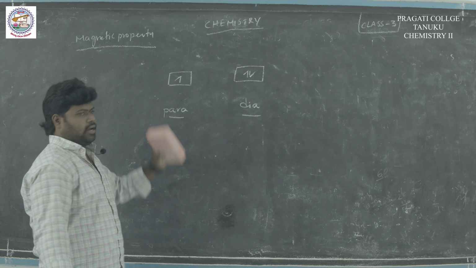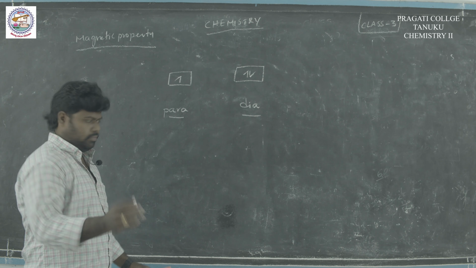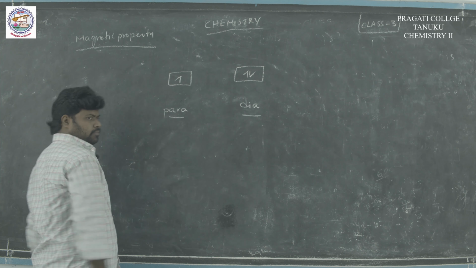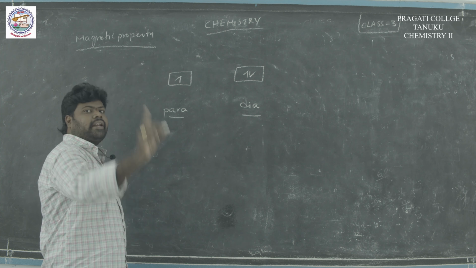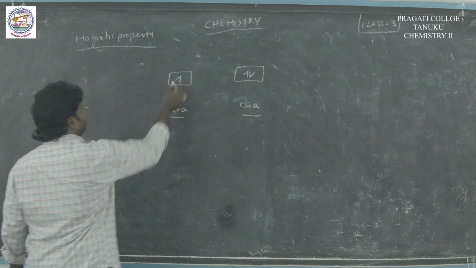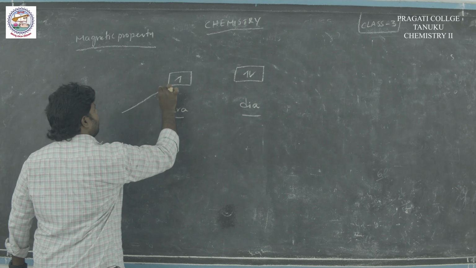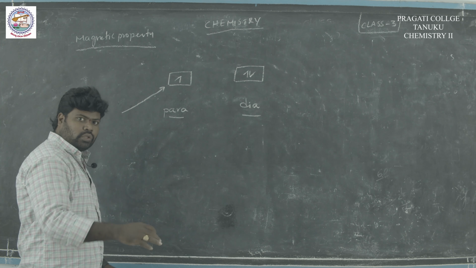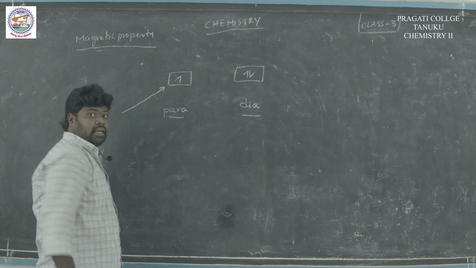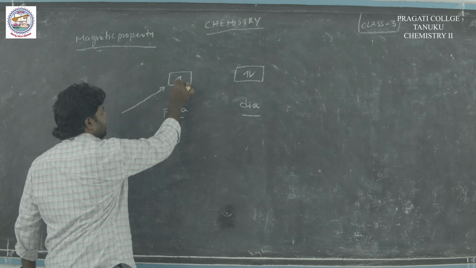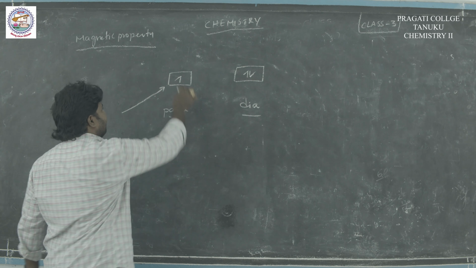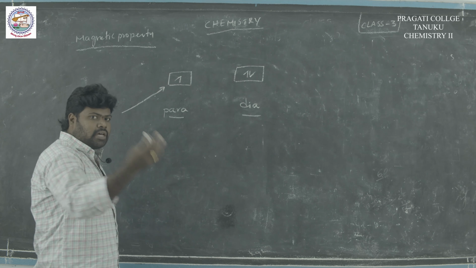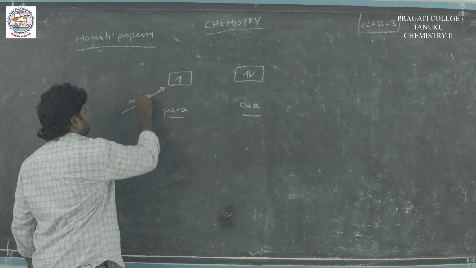What is the meaning of para? Paramagnetism means any substance that has unpaired electrons. When we apply a magnetic field on the surface of the substance, the unpaired electrons easily absorb the magnetic field.